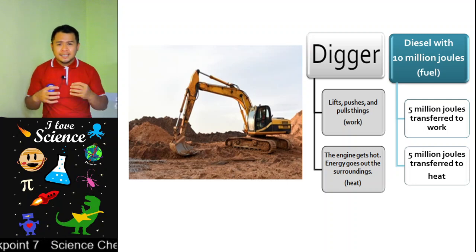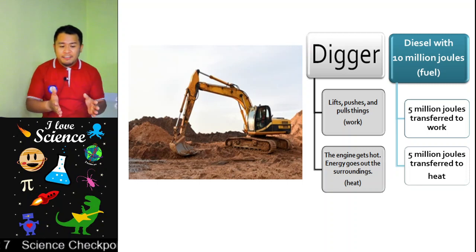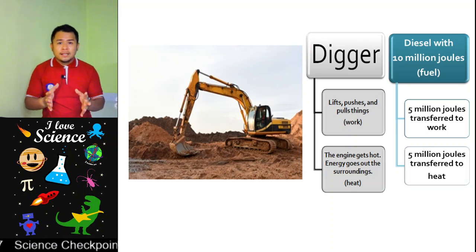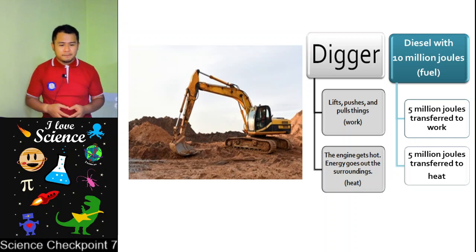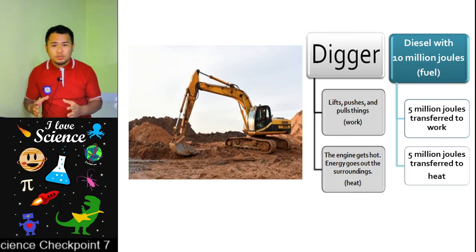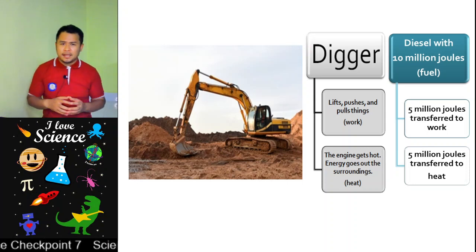And as it works, the fuel is being burned so that a chemical reaction happens, and then 5 million joules is transferred to the work that is done. And 5 million joules is transferred as heat in the engine that is released through the air.